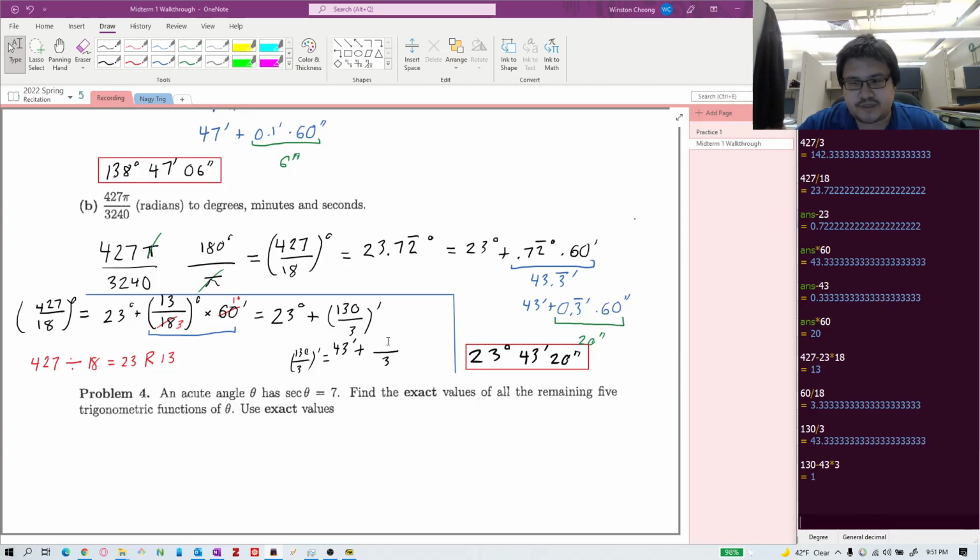Maybe you could have guessed that because the decimal portion is just 3 repeated. You may recall that 1/3 is 0.3 repeating. Then we multiply this by 60 to convert it to seconds, which gives 20. So that's equal to 20 seconds.